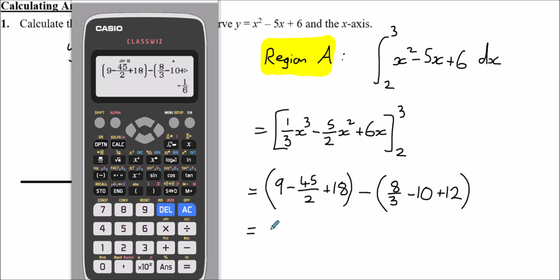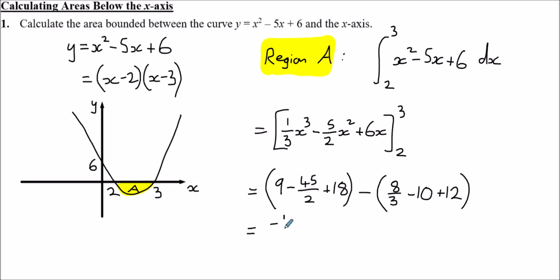That gives us minus a sixth. Now at first, this might throw you off or freak you out. How can it be a negative? You might be thinking. Well, as long as you just spot that this area is entirely underneath the x-axis, then all we need to do now is interpret the size of negative 1 over 6.